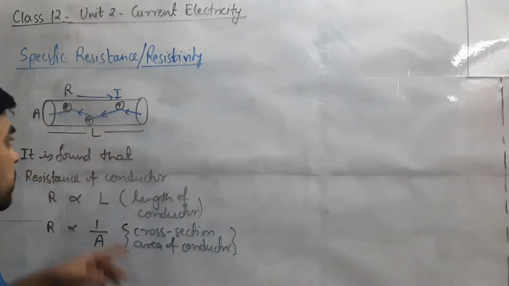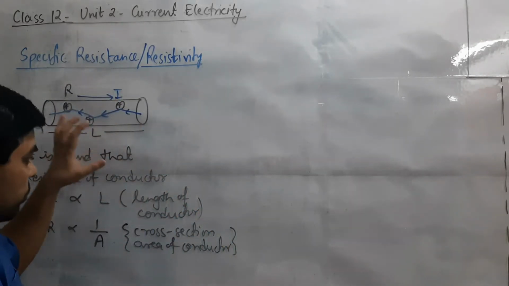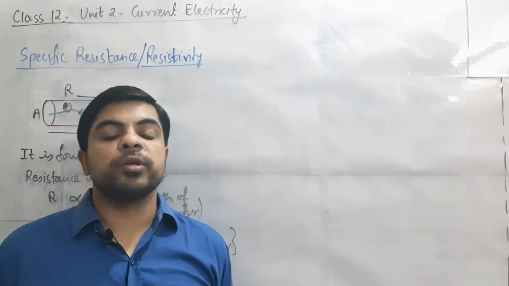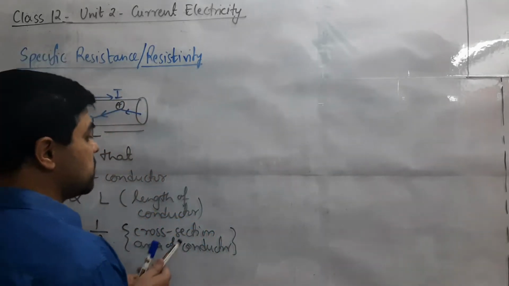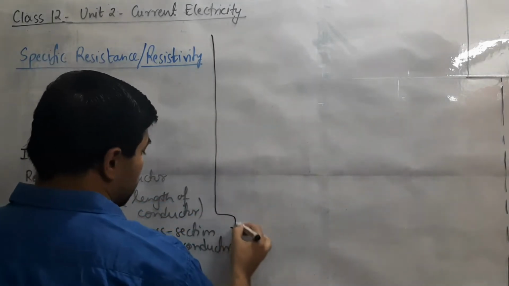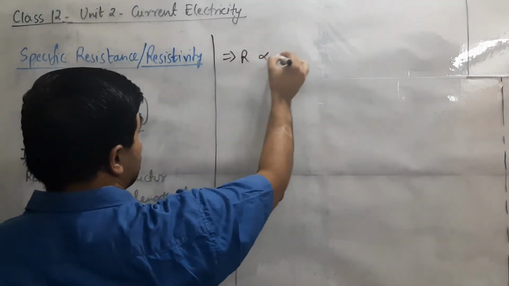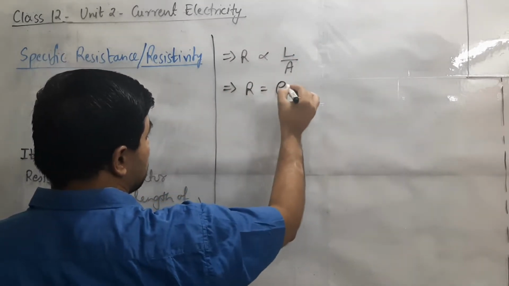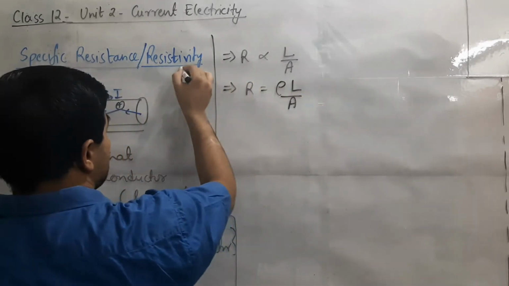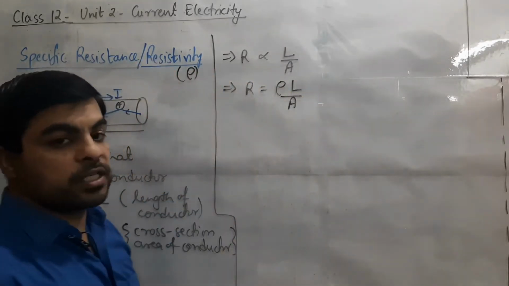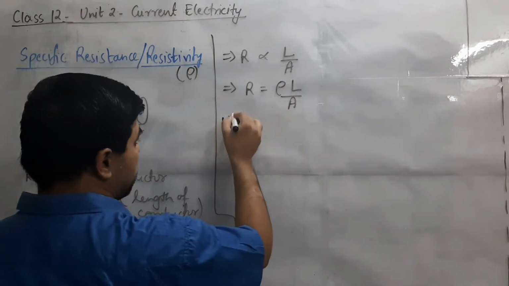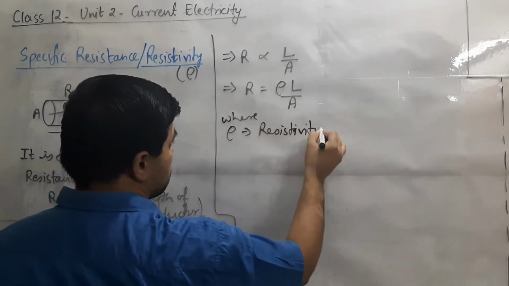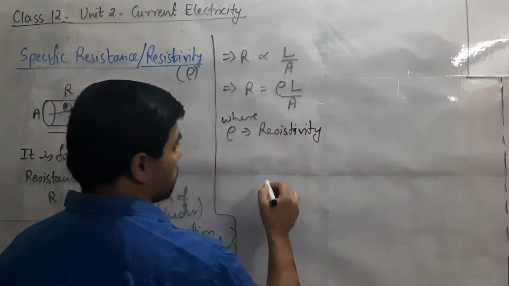So this indicates that area and length also affect the resistance of a particular material, but along with that its nature also imparts some character towards the resistance, and that can be obtained by combining the relation R proportional to L by A, and breaking this proportionality we get equal to, and a constant term here that is denoted by rho. So this factor rho is called resistivity, also known as specific resistance of the conductor.